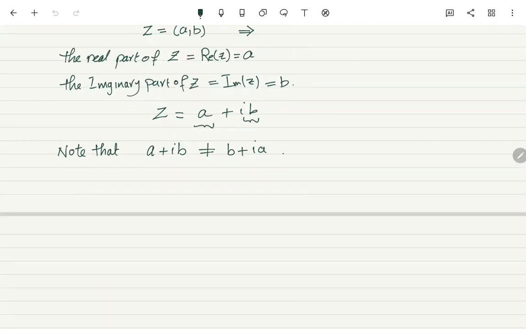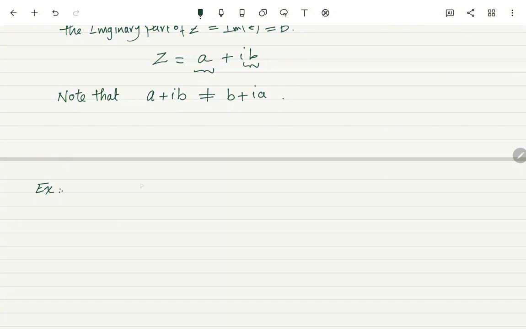Examples for complex numbers: z1 equal to 3 plus 2i. In this case here, the real part is equal to 3 and the imaginary part is equal to 2.